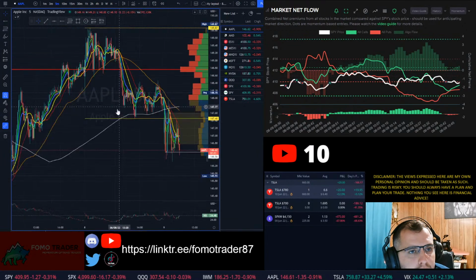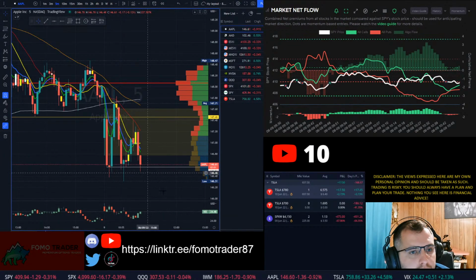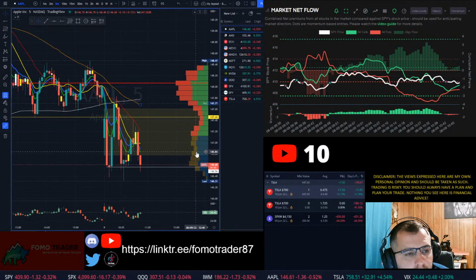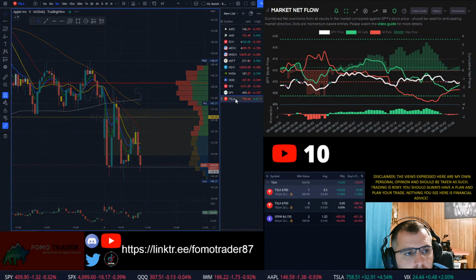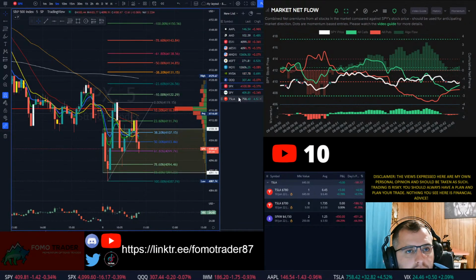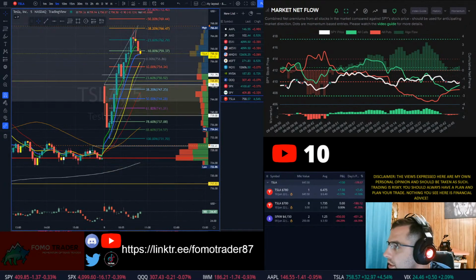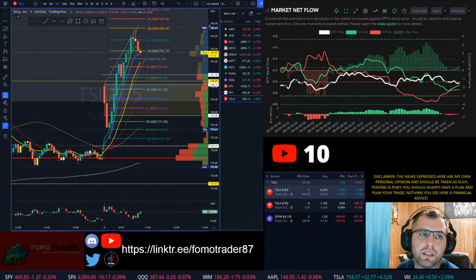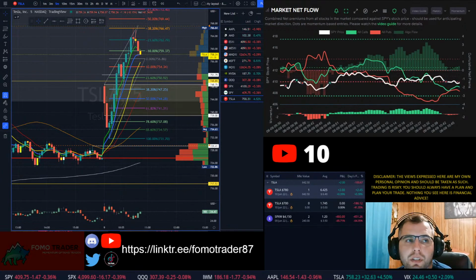That's pretty much your support there. Anytime we break this support level at 146.50 area, we wick back up. Now Tesla looks to be definitely losing its momentum as well.